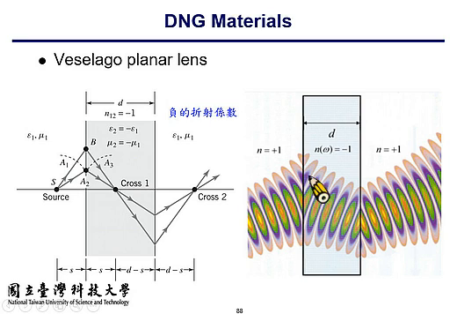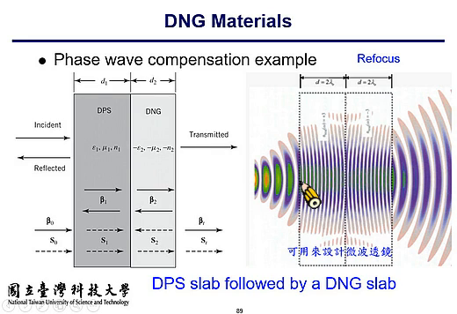The direction of diffraction is inverted due to negative permittivity. And here is the result. You can see that outside of the lens, the phase front is about the same, which means the wave propagates through this lens without apparent phase change.